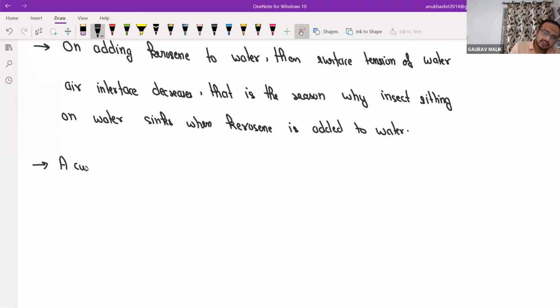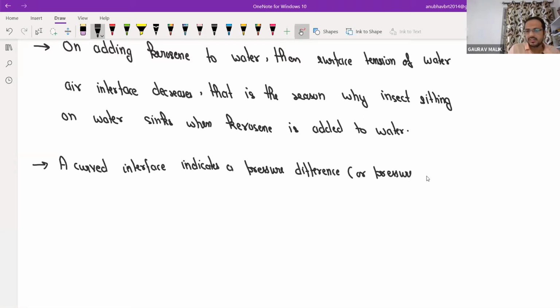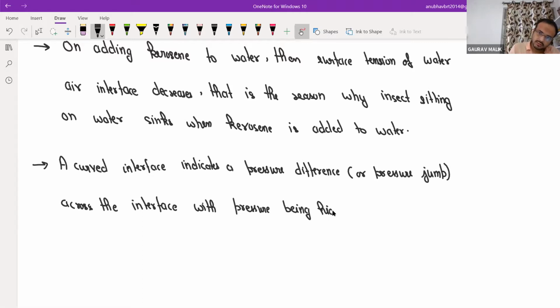Write down next point. A curved surface, or a curved interface, indicates a pressure difference, or sometimes you can use one more term, the pressure jump across the interface, with pressure being higher on the concave side.